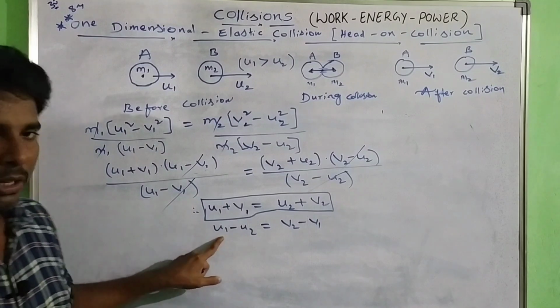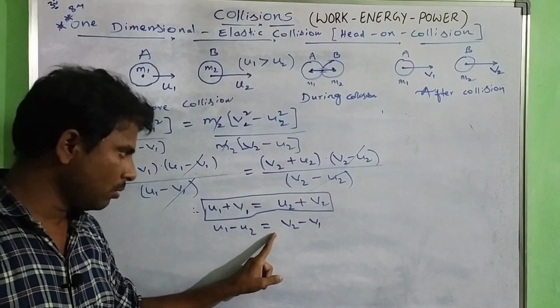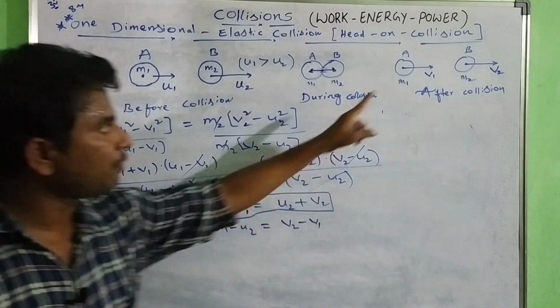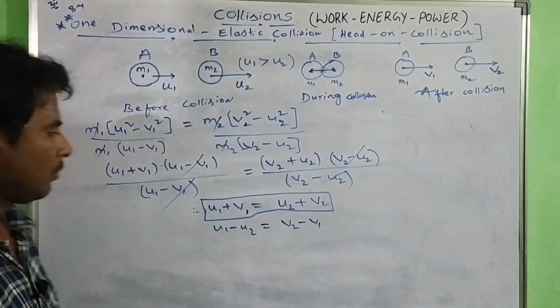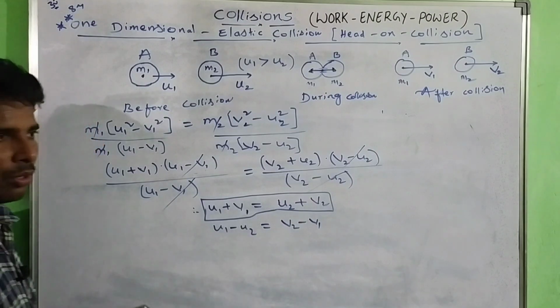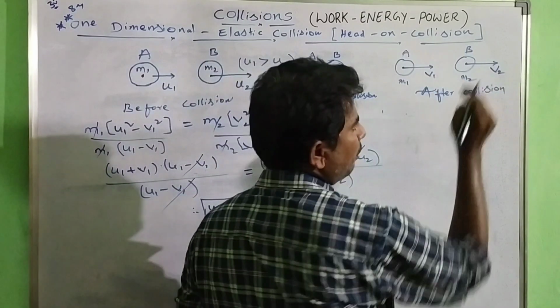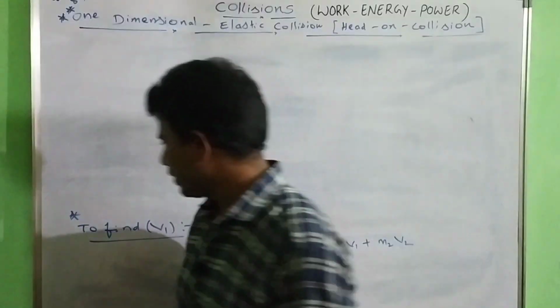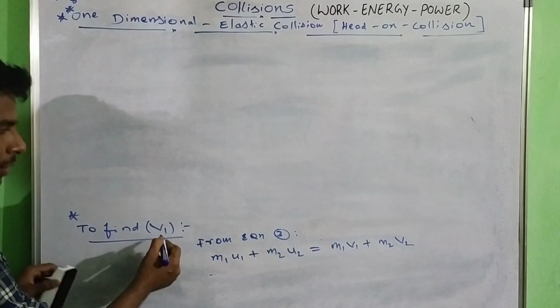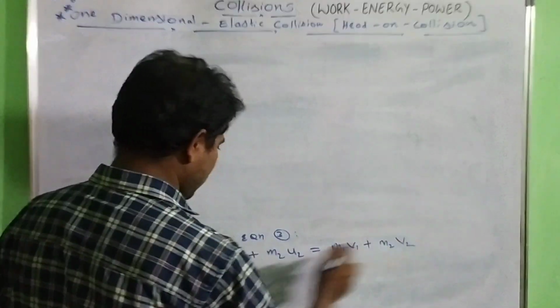Here the relative velocity of approach before collision is equal to the relative velocity of separation after collision: u1 minus u2 equals v2 minus v1. Now to find the velocities after collision, v1 and v2, another equation is taken along with the first equation.